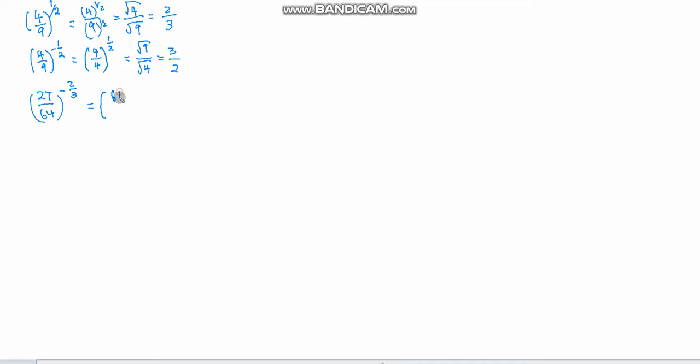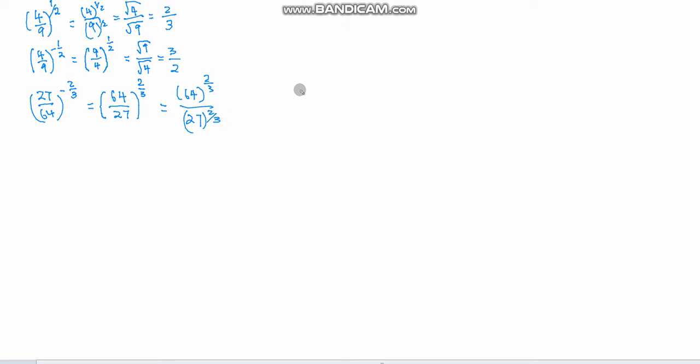The denominator becomes the numerator, and the numerator, which is 27, becomes the denominator. By doing that, the negative disappears. After that, the next step is you split it. Okay, you get 64 to the power of 2/3, then 27 to the power of 2/3.